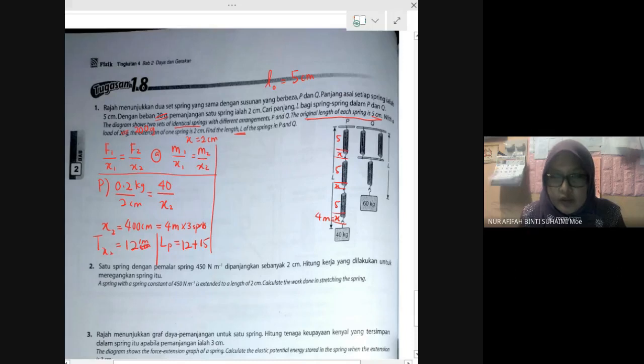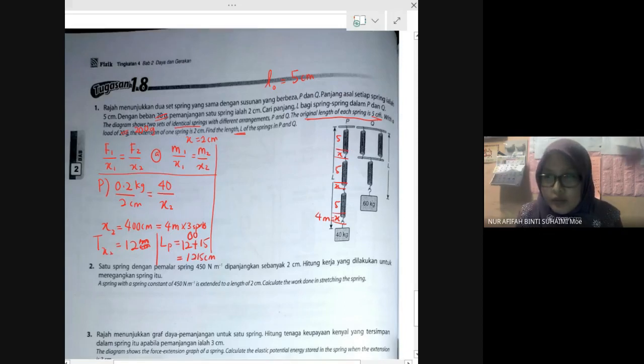So 12 to 1215 cm. Okay. Ini sepatutnya 5 cm ni tukar kepada meter jugalah.